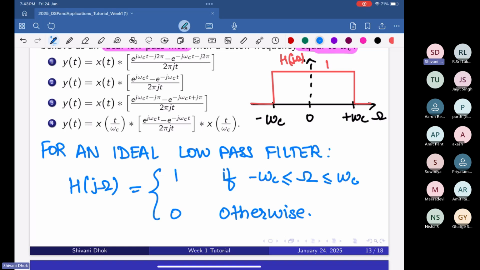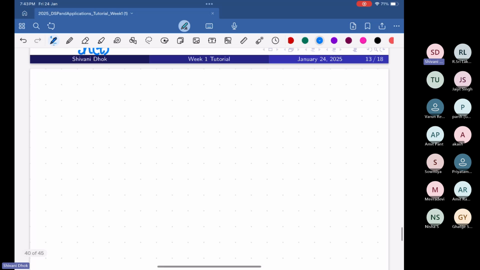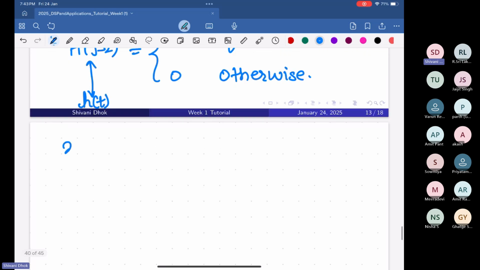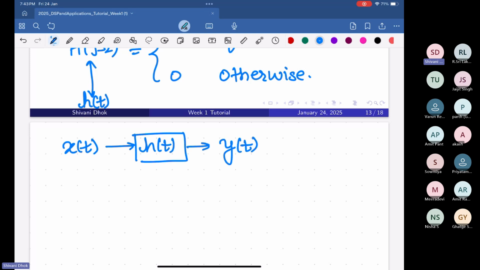Okay, so now this will have an inverse Fourier transform, let's say h of t. And suppose I want to pass a signal x of t in this system of h of t, which is a low pass filter. I'll get an output y of t, which will be equal to x of t convolved with h of t.